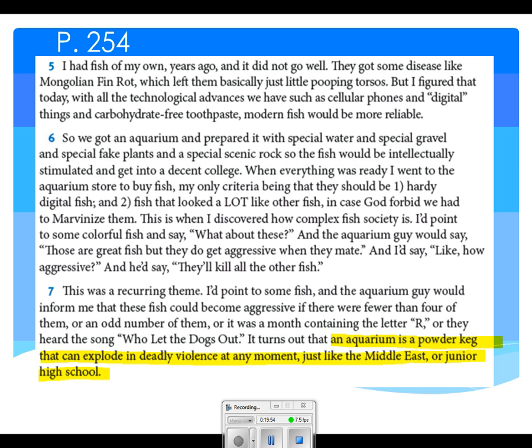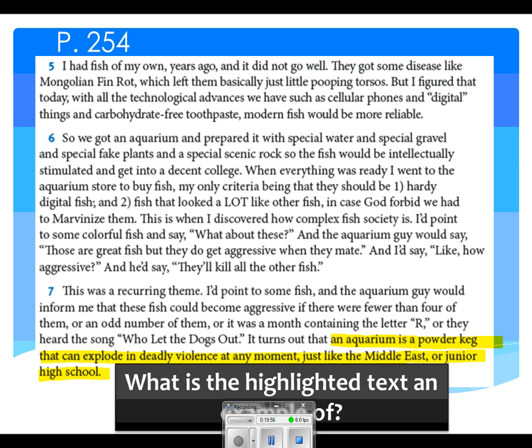We've got 2 comparisons going on here. What is this an example of? What's this highlighted text an example of? We're comparing 2 unlikely things. What do you think, Matt? Good, it's the juxtaposition. So what I'm going to have you do, if you think tomorrow looking at this highlighted thing, you won't remember why you highlighted it, I'd probably write juxtaposition next to it, kind of as a cue.